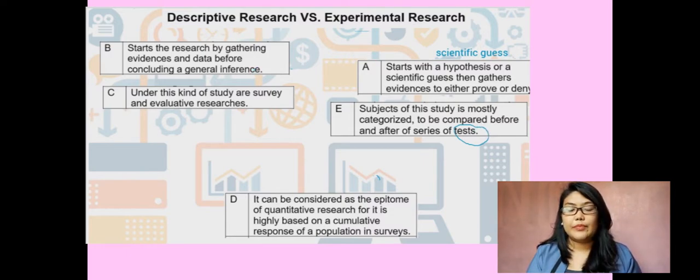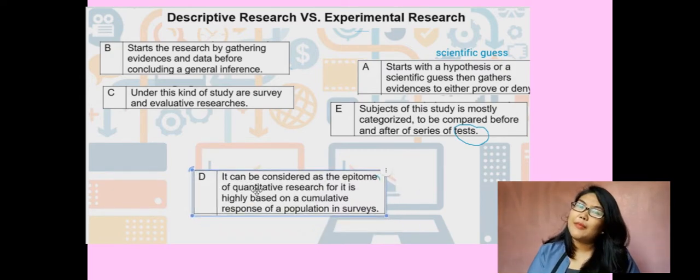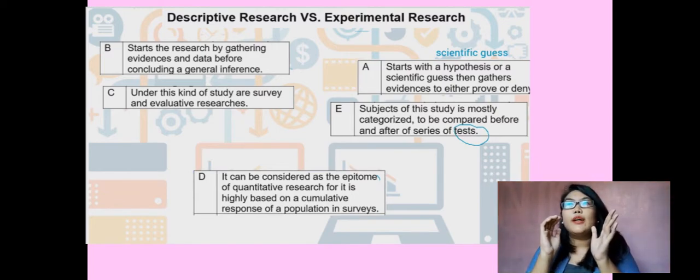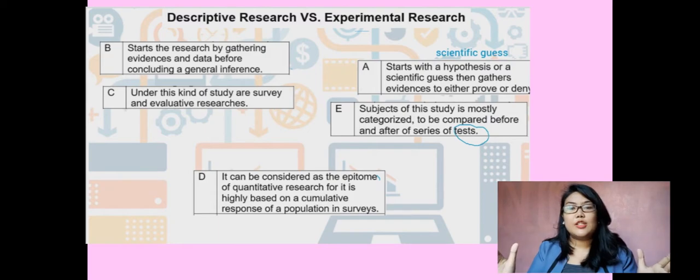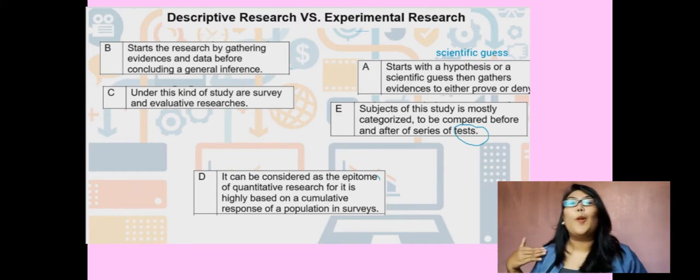And lastly, it can be considered as the epitome. Wow, what do you mean by epitome? Okay, epitome, it's like the essence. Like when you hear quantitative research, you will remember it. Okay, this kind, and then mostly the things that you know about this kind of research or quantitative research, it will all pertain.